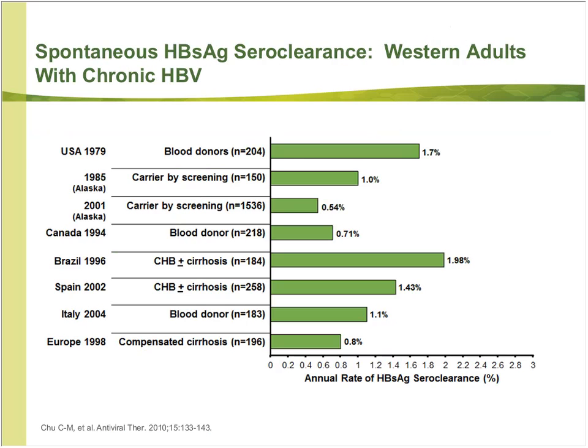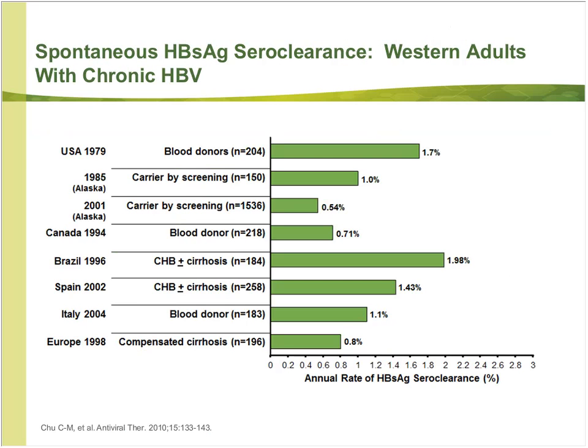Back to the sad news. In Western adults, the chance of a patient naturally clearing S on their own, as we mentioned earlier, is in the 2% range. Some is even lower, but you can see from the Alaska data, it's in the 1% to 0.5% range. But that's because in Alaska, most individuals historically had vertically acquired hepatitis B. It followed more of an Asian pattern, although there was some horizontal transmission in Canada as well.